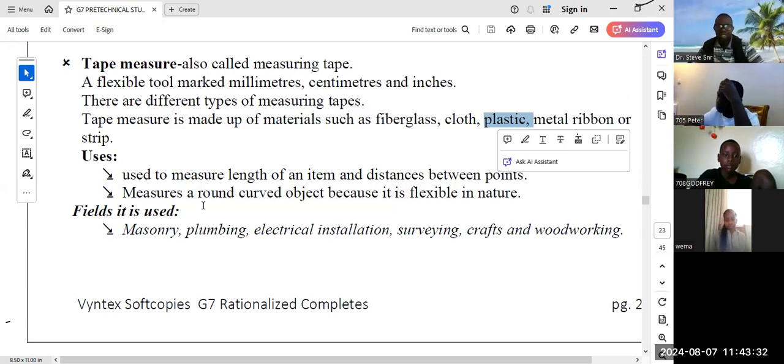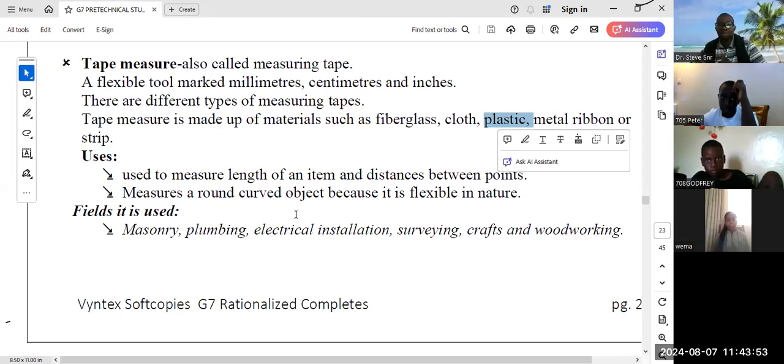Now, the uses: it is used to measure the length of an item and distance between points. For example, you went to a tailor and you wanted a designer short, a designer trouser, a designer t-shirt.